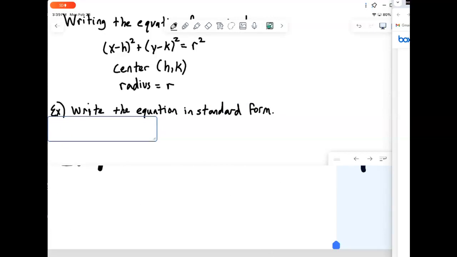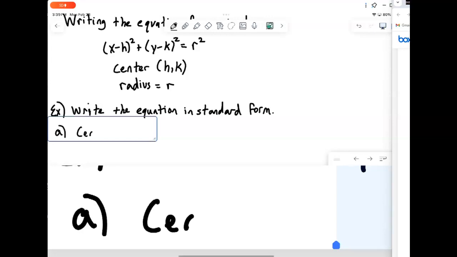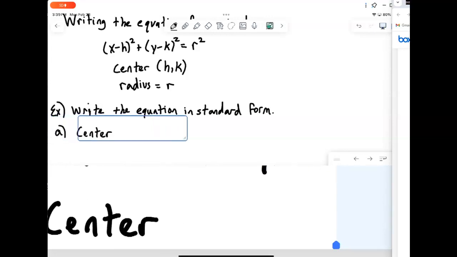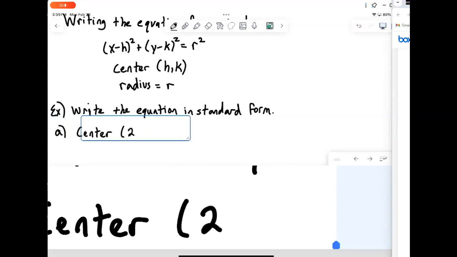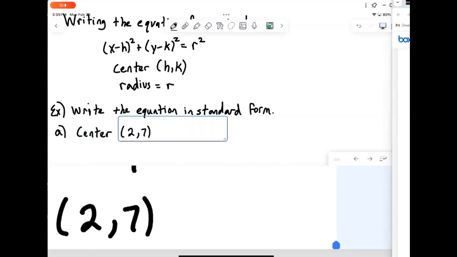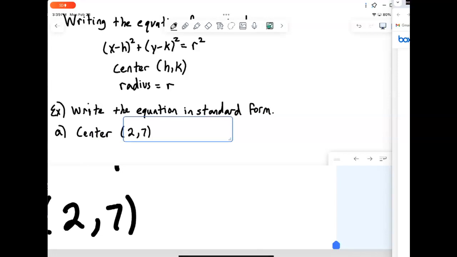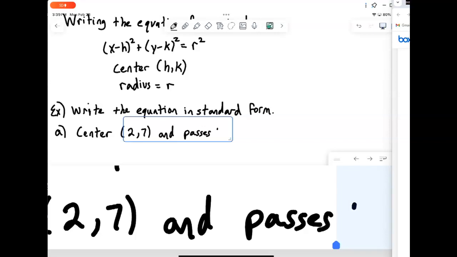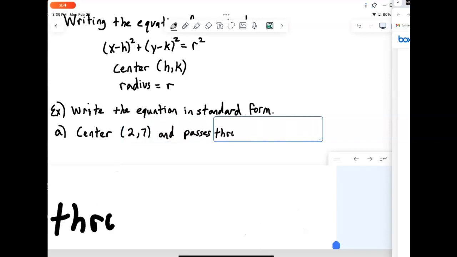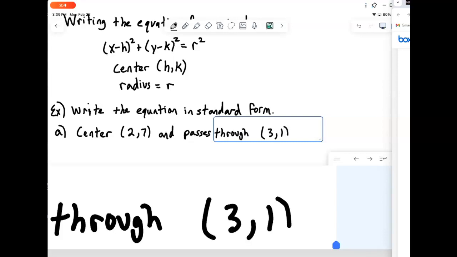Let's say here that the center of our circle, in our first example, we actually know the center is at (2, 7), and we know our circle passes through the point (3, 1).